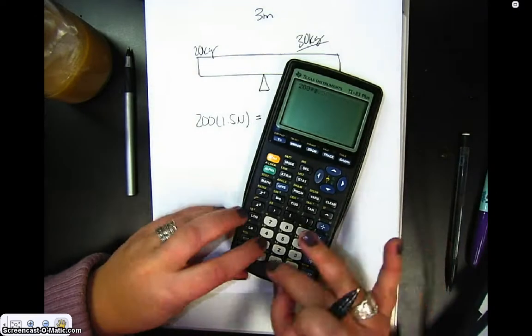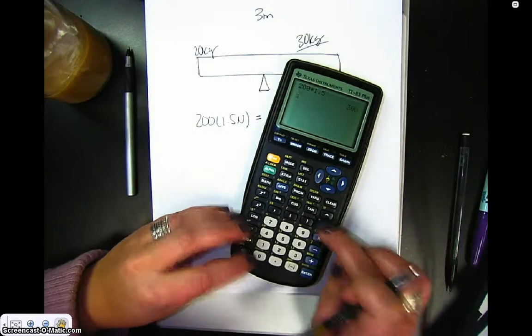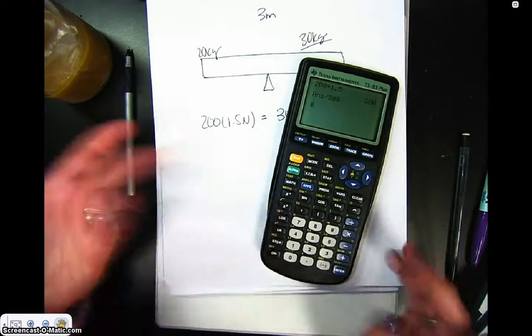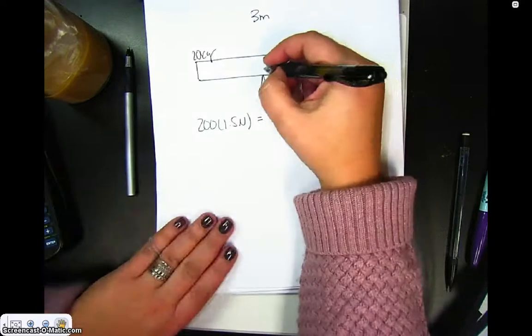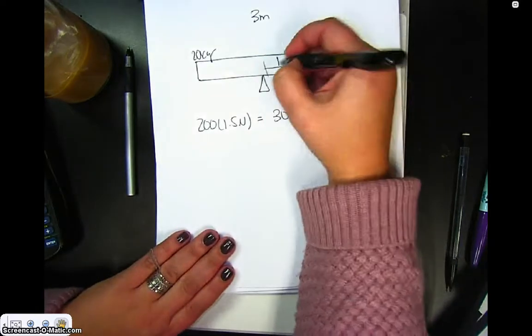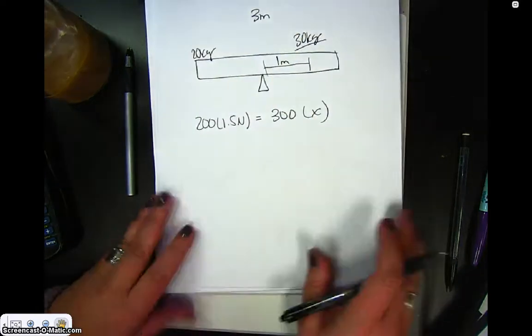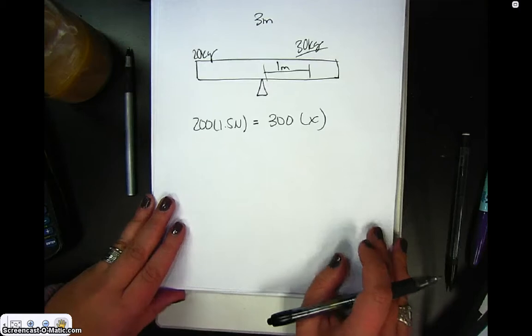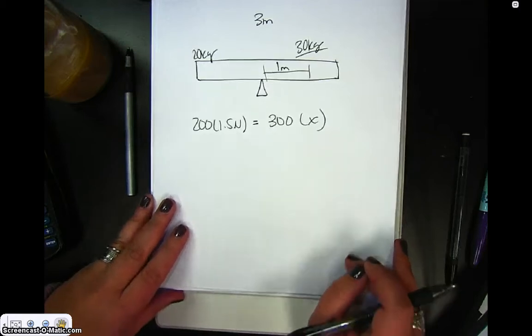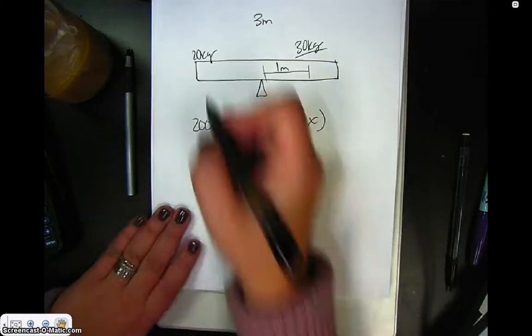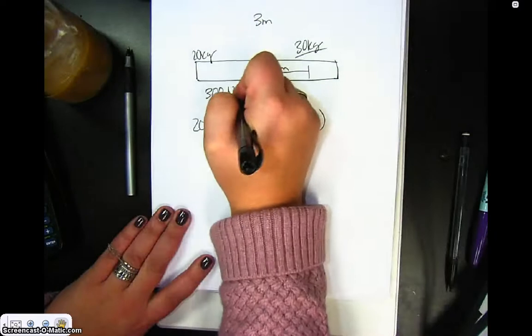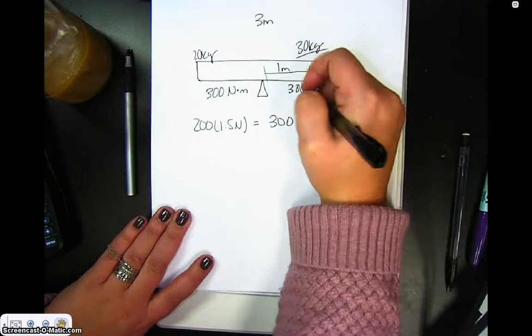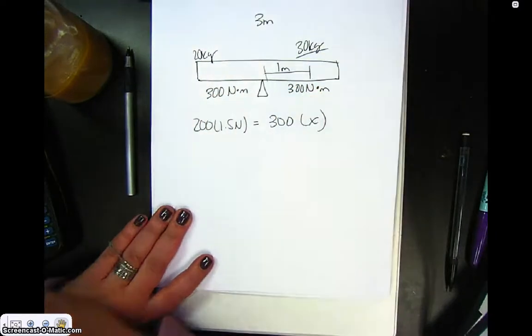So 200 times 1.5, and then just divide by 300. So it would be 1 meter away. So we could put him at a location of 1 meter from the center, and then we would have the same amount of torque on either side, 300 newton meters, and that would cause our beam to balance.